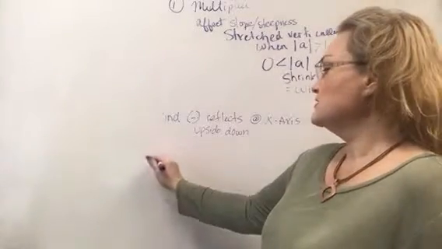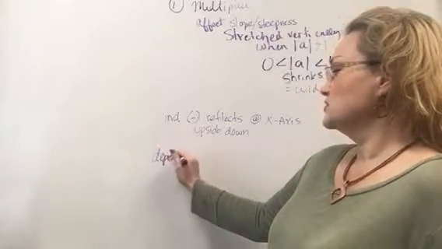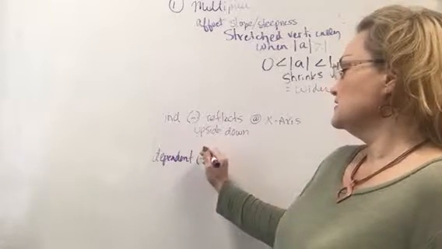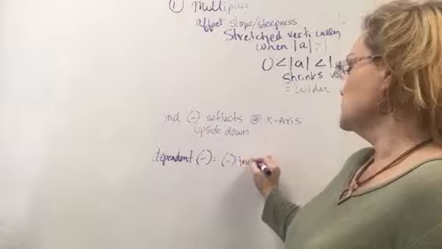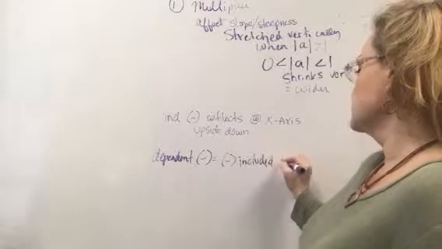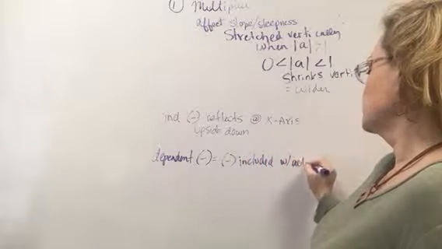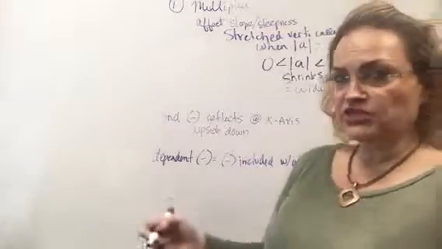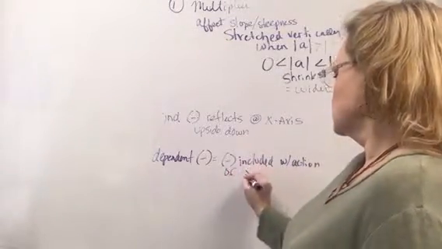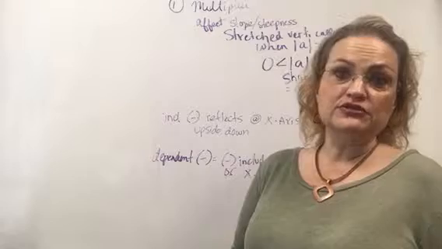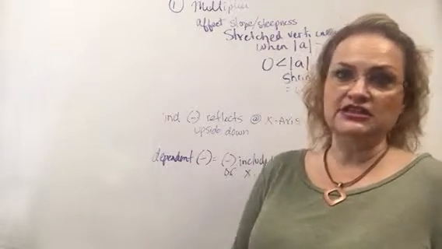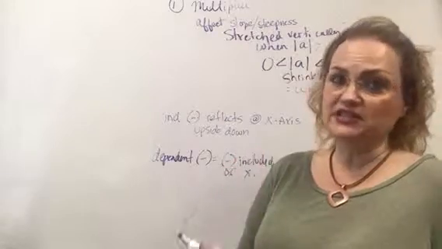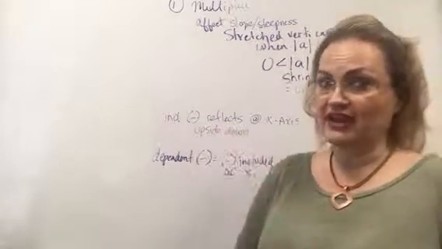Well, sometimes we have a dependent negative, and I'll show you some examples of that. A dependent negative would be a negative included with the action of x, or in the operation of x. So it's inside of the absolute value sign, or inside the radical, or inside a parenthesis, or in the denominator with it, but it's attached specifically to the x only, not in front of everything.